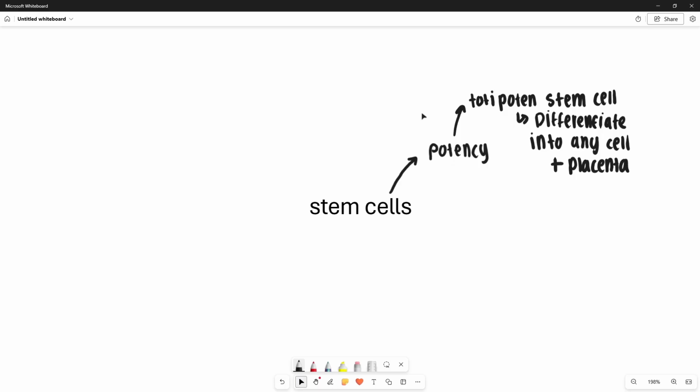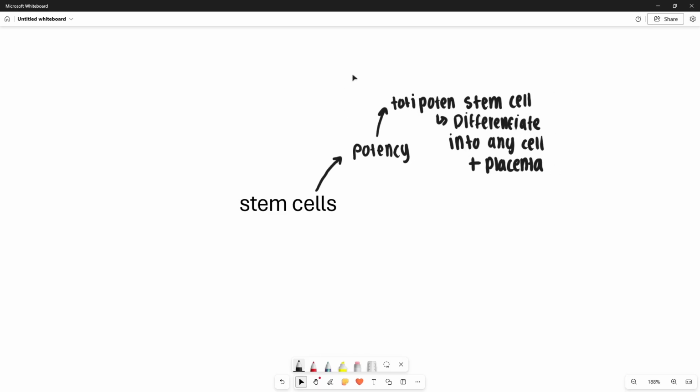These are normally found during the early life of a human being, basically around when the zygote starts forming into the embryo. So they are taken from very early embryos, basically.